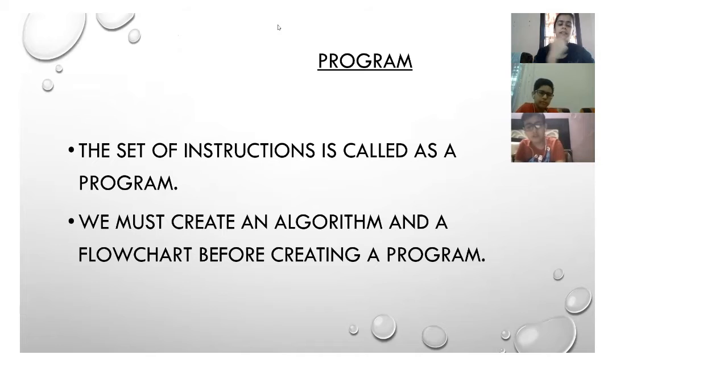What a program is: the instructions that you give to the computer in order to let the computer perform some particular task are called your program. Means when the user is giving some instructions to the computer so that the computer can perform a particular task, it is known as your program.